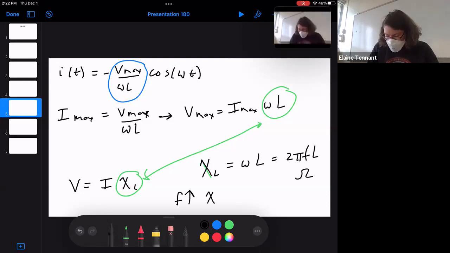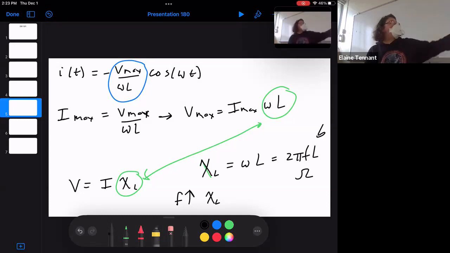Will my reactance go up or down at high frequencies? If I have a big frequency, do I have a big reactance or a small reactance? Just follow this equation. It should be big, because as f goes up, X sub L will go up. Does that make sense? Okay.